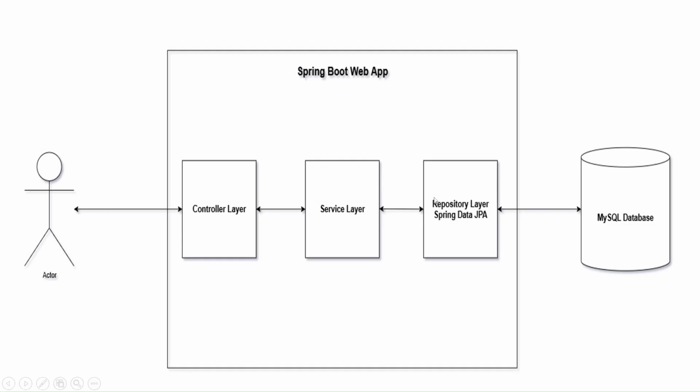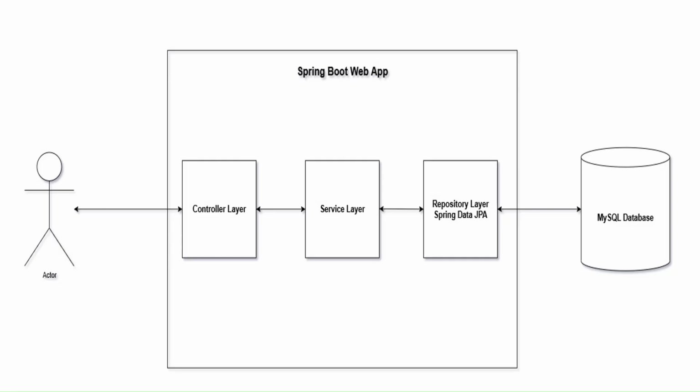Spring Data JPA provides enough functionality to talk with the database. You will find it so simple to use Spring Data JPA to store your data in the MySQL database or any kind of database.